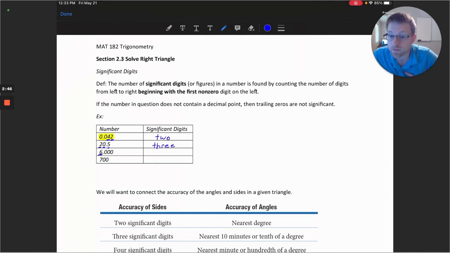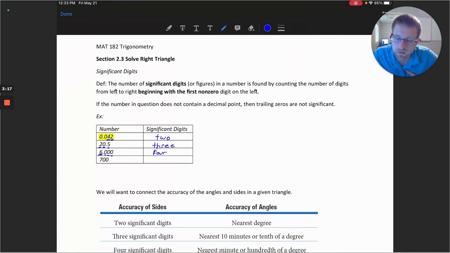And then we know that if the number in question has a decimal point here, these zeros after this decimal point will be significant. So zeros after the decimal point are significant. So these we would count as significant figures, each of those. So we are exact to the thousandth place here. So we'd have 4 significant figures there, all 4 of those digits.